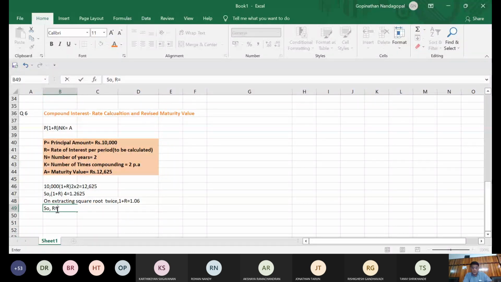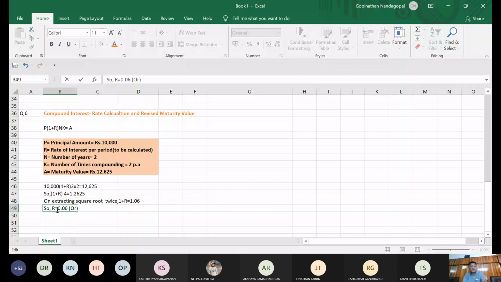Somebody has some doubts. Who's that? Anybody has a doubt? Yeah, somebody asked a doubt. Sir, while calculating compound interest, we divide the rate by K, no, sir?